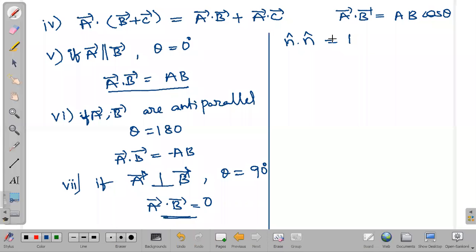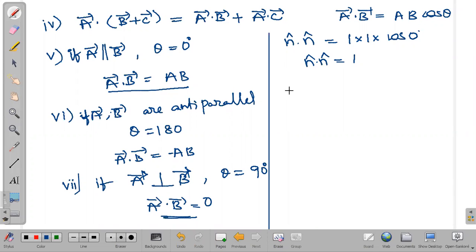And what is its magnitude? 1. So A vector magnitude, B vector magnitude, and cos of the angle between them. Here I will write the algebraic form only: 1 into cos of the angle between them. Parallel means 0 degrees, so 1 into cos 0 is also 1. It will become 1. So n cap dot n cap will be 1 if they are along the same axis.